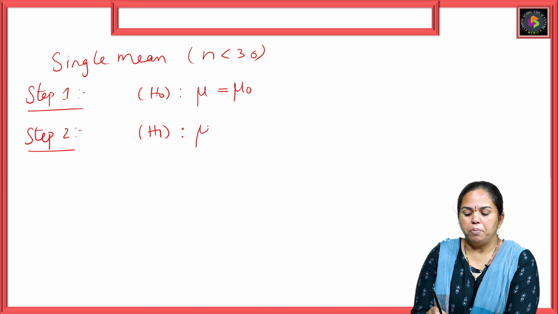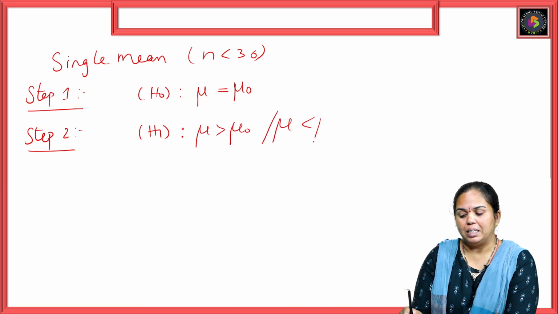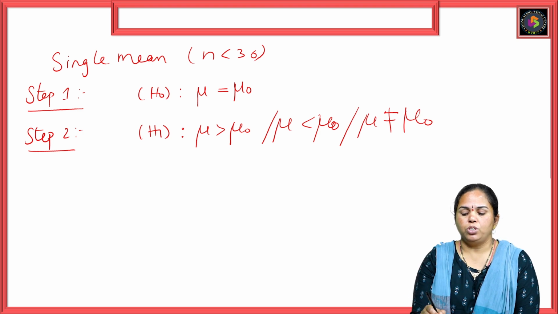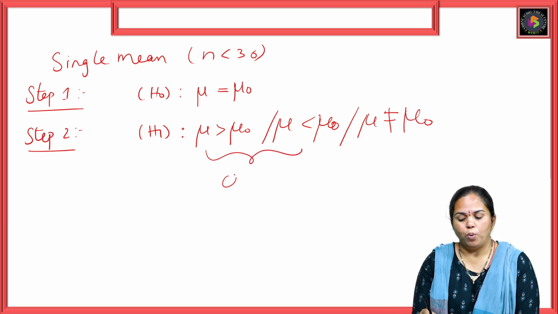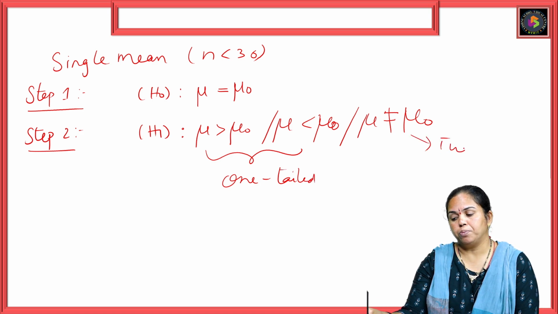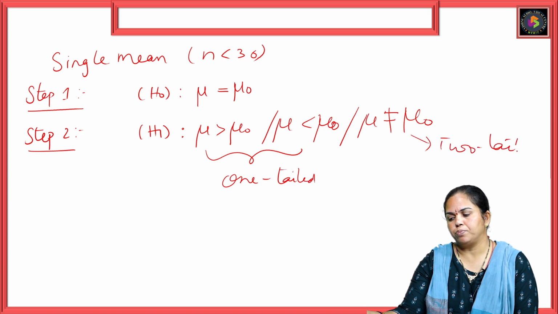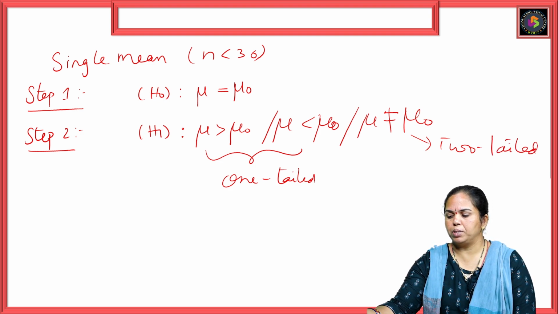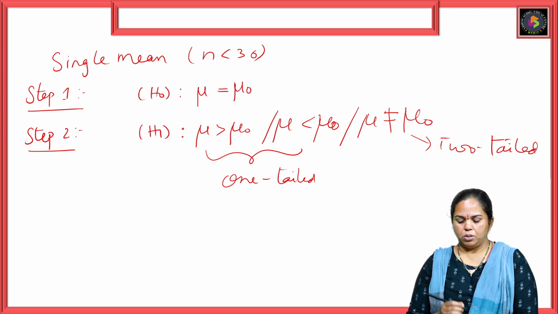Here mu greater than mu naught, or mu less than mu naught, or mu not equal to mu naught. The first two come under one tail, and this one comes under two tail.